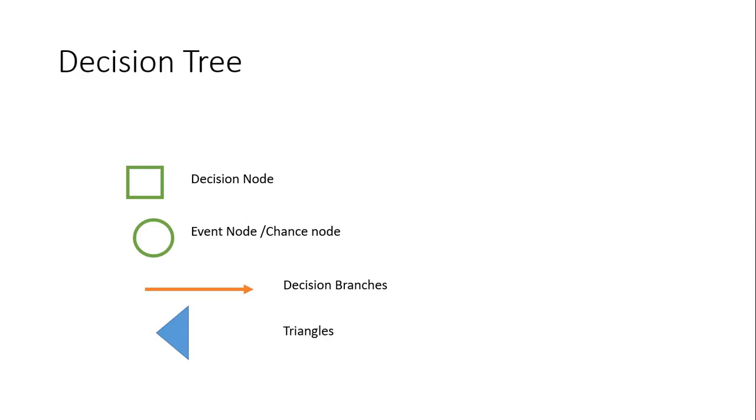So decision tree analysis is used in NPV calculation also. In the previous lectures, we have calculated NPV, net present value, that is present value of cash inflow minus present value of cash outflow, using the RADR method, risk adjusted discount rate method.